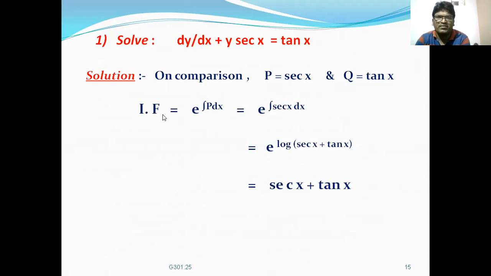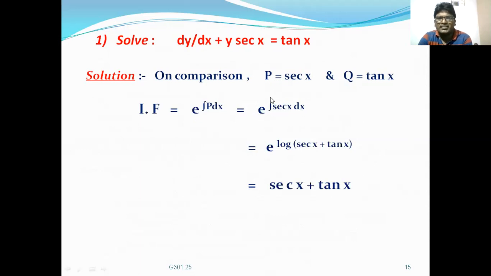Okay, I will explain once again. By comparison with the given linear differential equation, we get p and q values. After getting these values, we have to find the integration factor. The integration factor formula is e power integration of p dx. In this, you substitute the p value and we get e power integration of secant x dx.